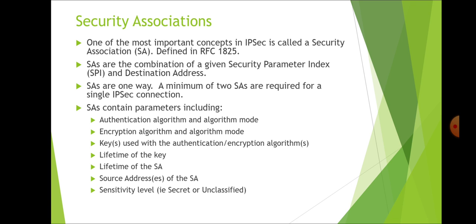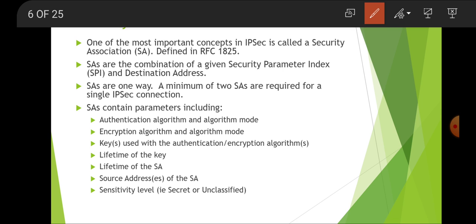So there are a few parameters included in a security association. These are the authentication algorithm and algorithm mode, encryption algorithm and algorithm mode, and the key used with the authentication and encryption algorithm.